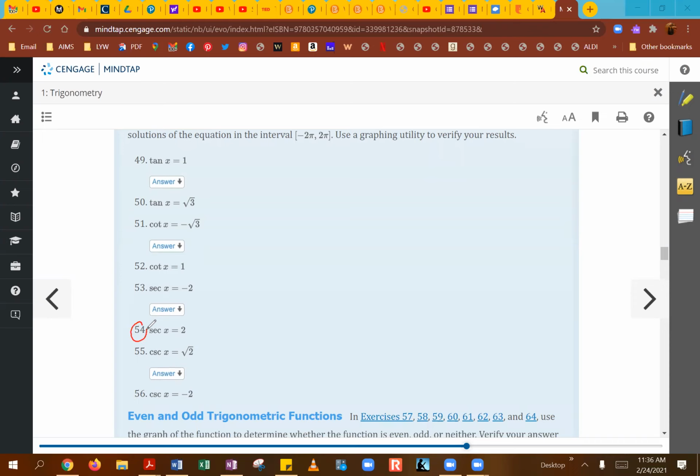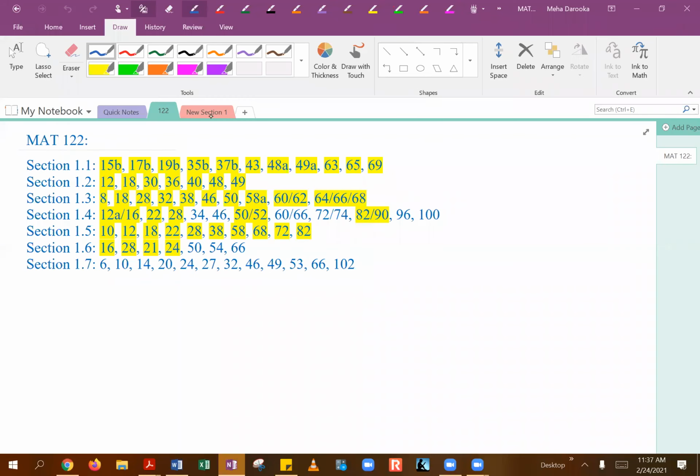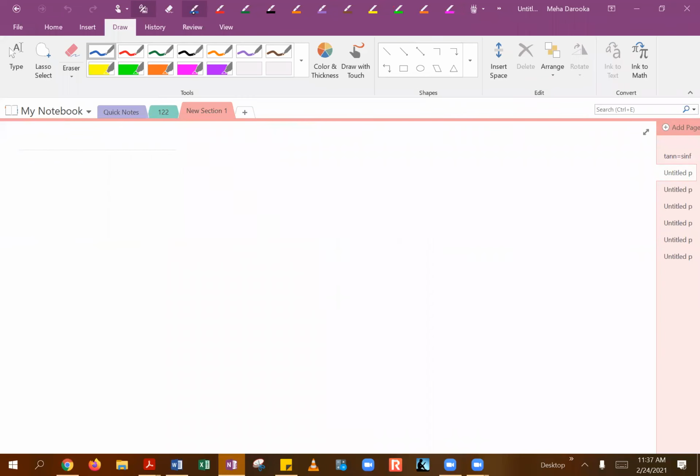So remember secant, of course, is going to be the reciprocal function for cosine. So when we're talking about secant of x being equal to 2, remember secant of x can be defined as 1 over cosine of x, right?